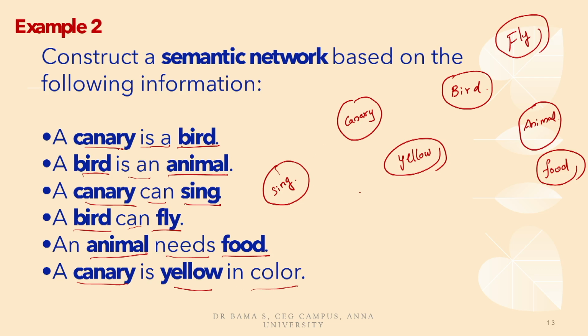So, a canary is a bird, I am going to give it as an arc, a directed arrow, and it is an instance. A bird is an animal, again it is an instance. A canary can sing, this is a property.